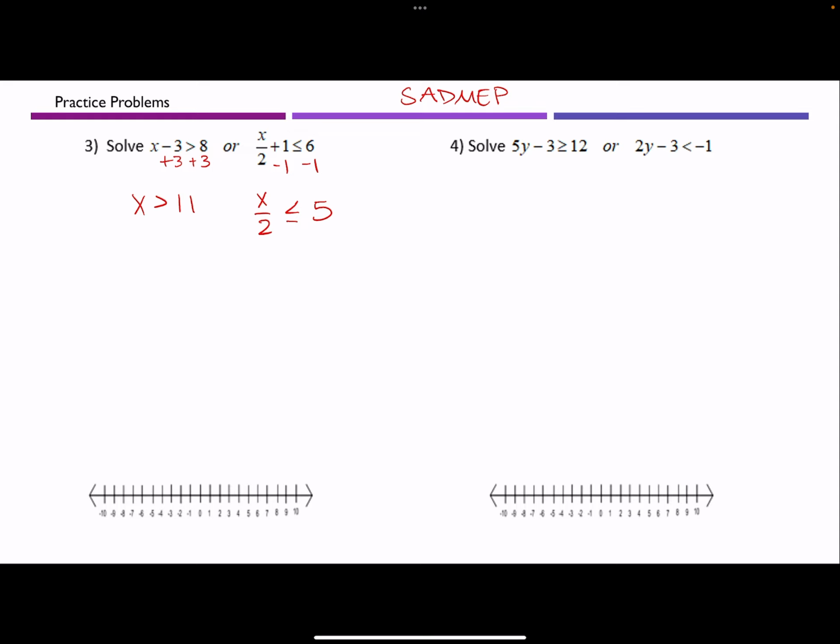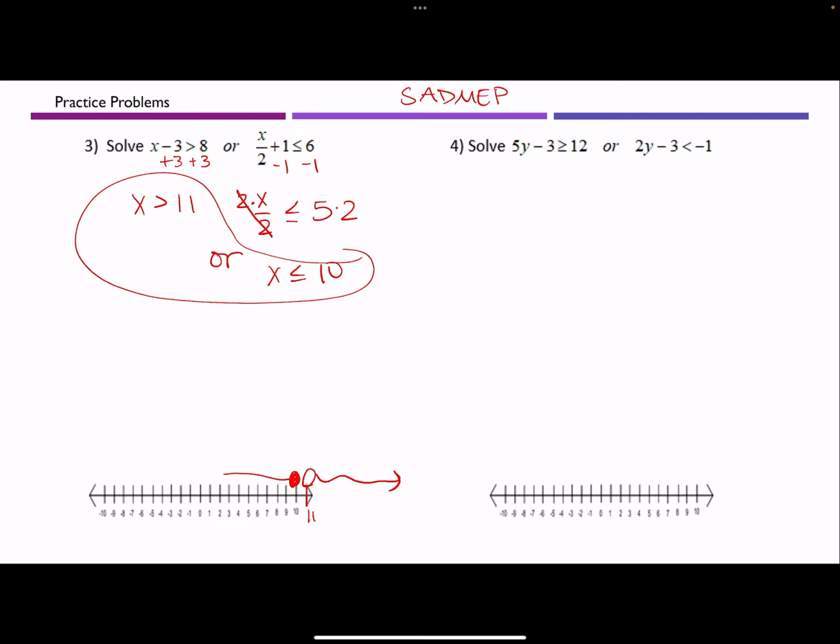And then to get x by itself, we can now multiply because this means x divided by 2. So x is less than or equal to 10. So here's my solution. X is greater than 11. This doesn't quite go up to 11, so we're going to make one more tick mark. So x is greater than 11, or x is less than or equal to 10.